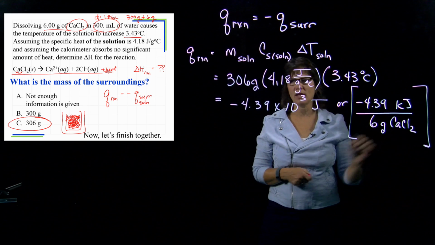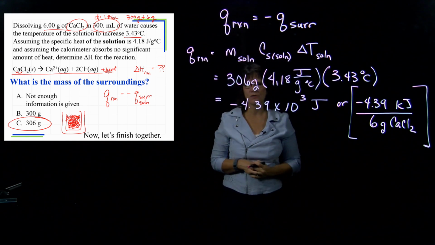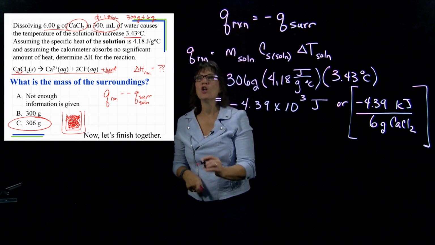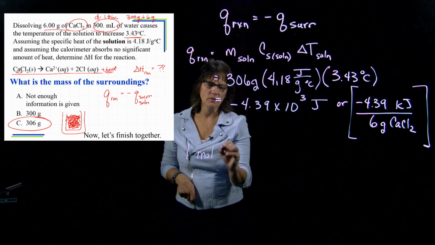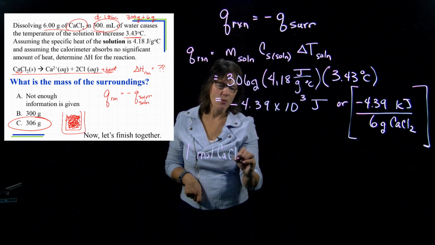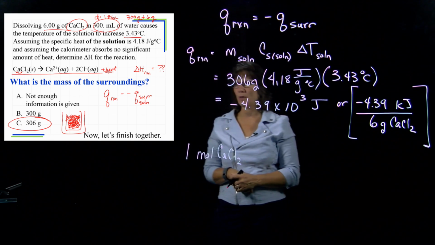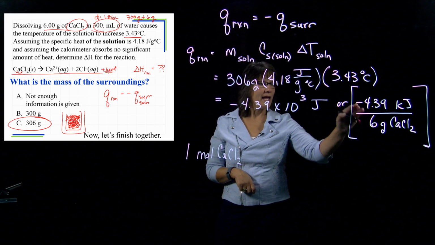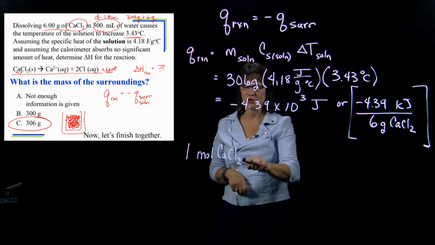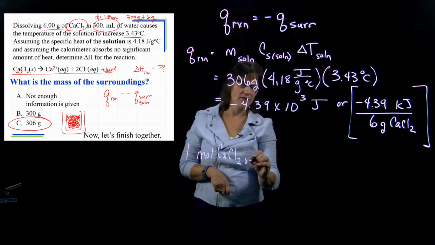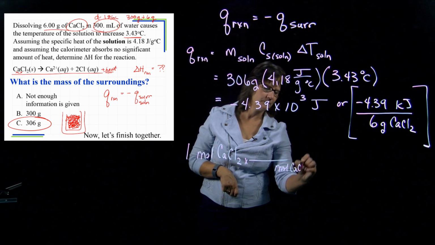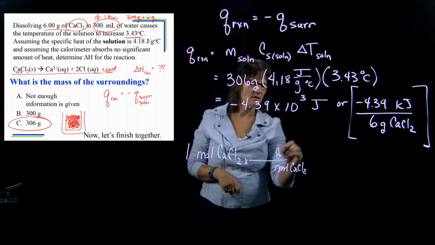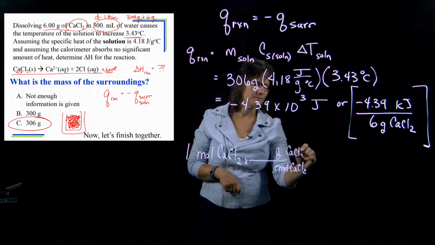I know this relationship, but I don't want to know it for 6 grams. So I'm going to look at my balanced equation and see that I have 1 mole of calcium chloride. I want to know the kilojoules for 1 mole. Now, I can't use this relationship until I turn this into grams. So I'll say I don't want moles of calcium chloride. I want grams of calcium chloride.